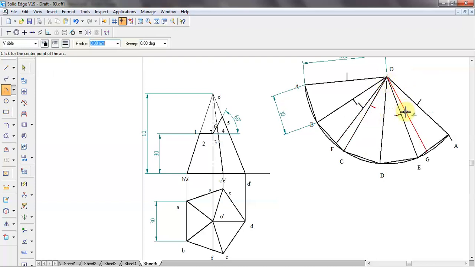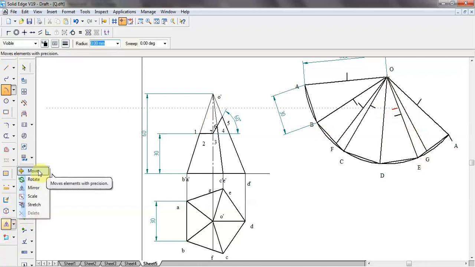This side also is cutting E, 24.65. I should have marked this here on G, but by mistake I have marked it here.